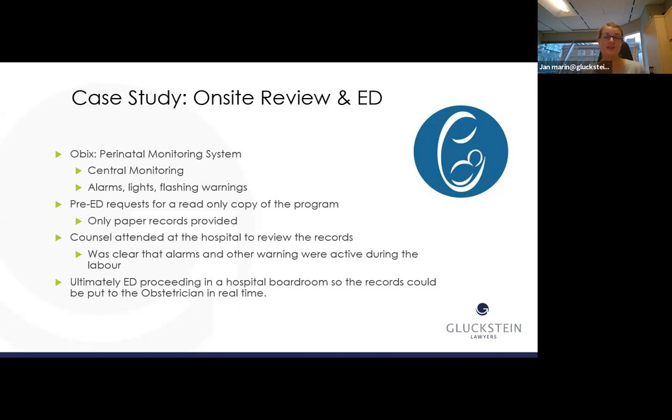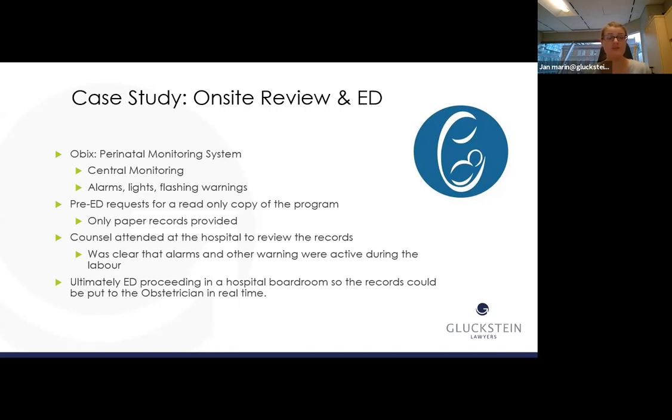Since they weren't able to provide us with a copy of the chart that we were able to put to the obstetrician in this file, the agreement was ultimately made to do the discovery in a boardroom on site at the hospital, have the chart on a screen and go through it and be able to put it to the doctor.